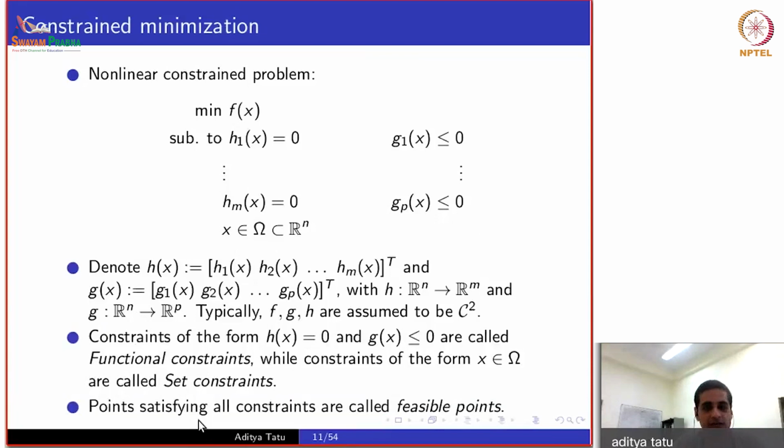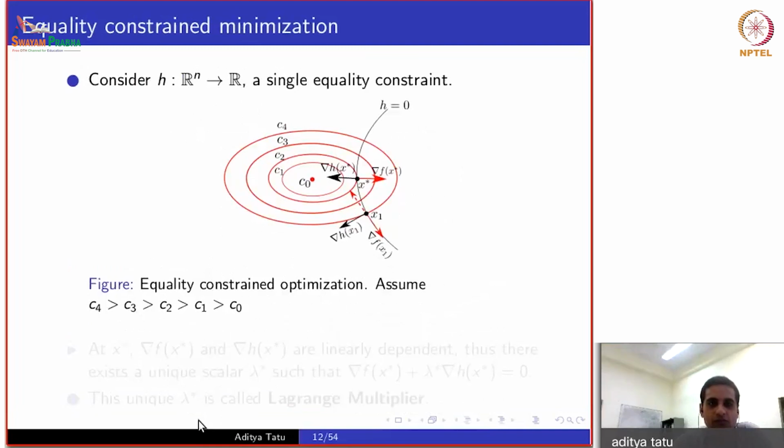It will have equality constraints, inequality constraints, set constraints, everything. So let's first look at only equality constrained minimization. You are given only one equality constraint h from Rn to R, and you are asked to minimize the function f such that the point of minima satisfies h(x) equals 0.